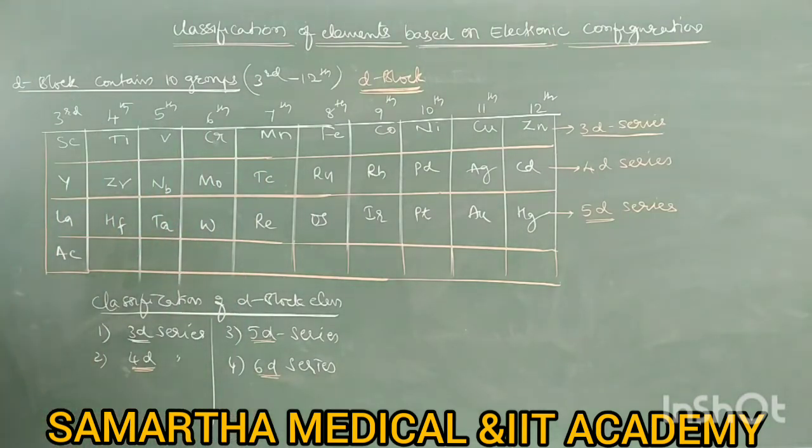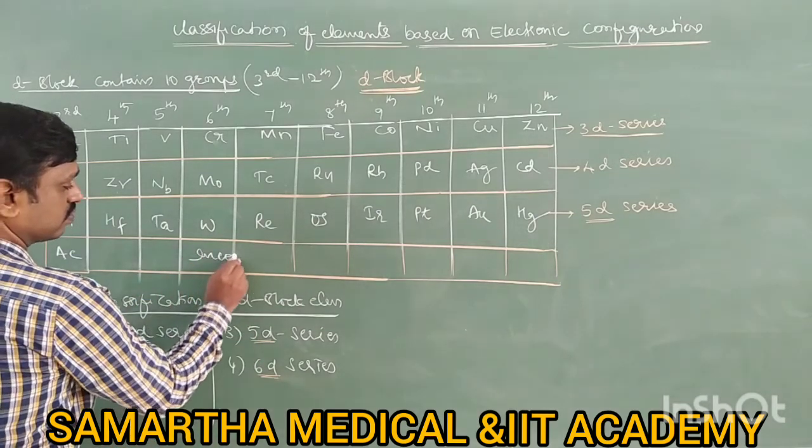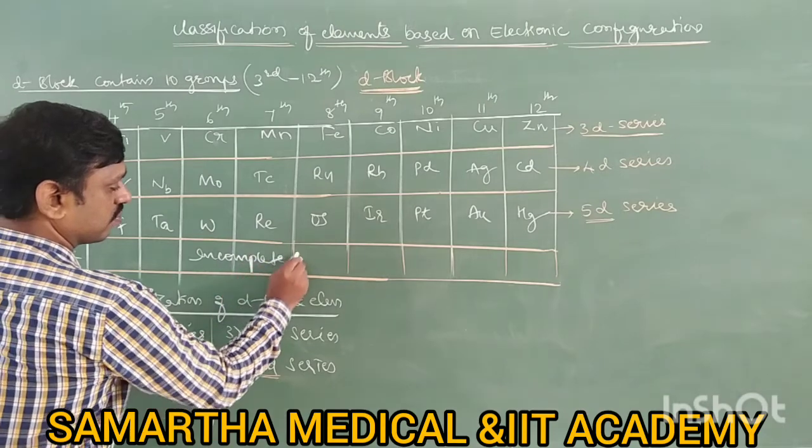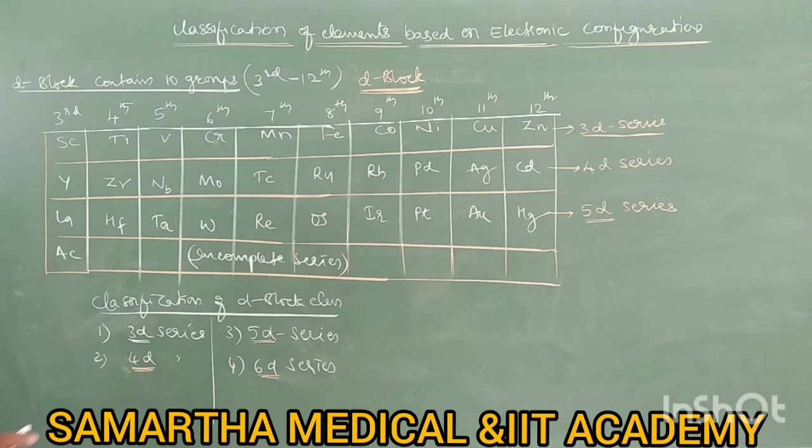Next is the 6d series, which starts with actinium. What is the ending element? There is no ending element. It is an incomplete series. Do you remember, students, in the modern periodic table, which period is the incomplete period?